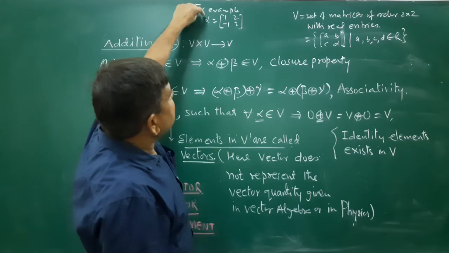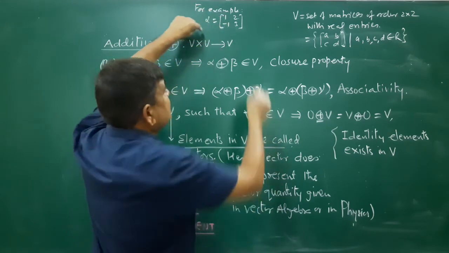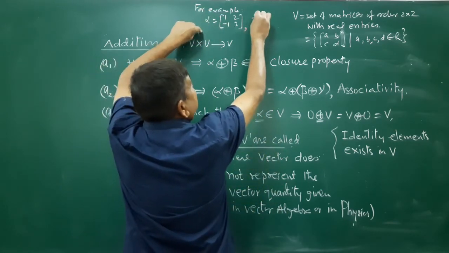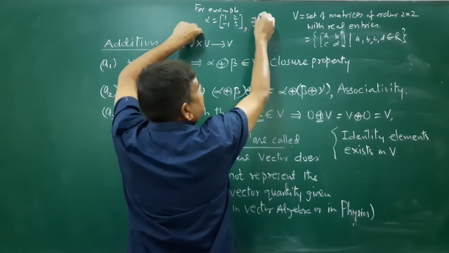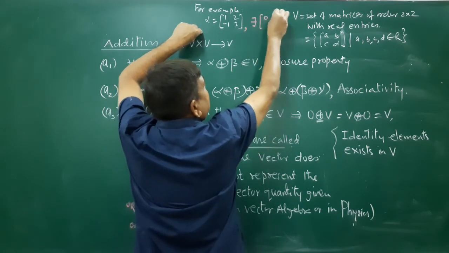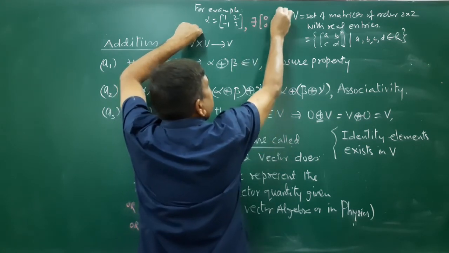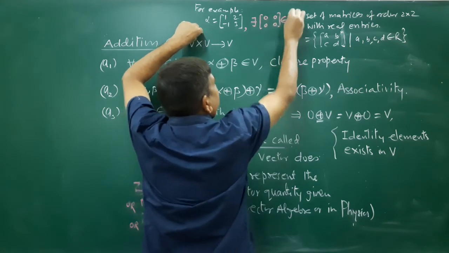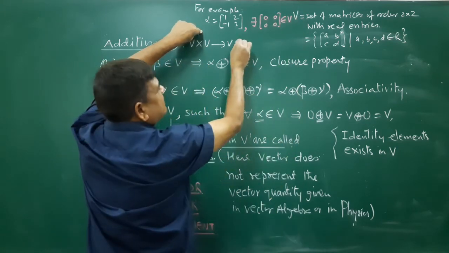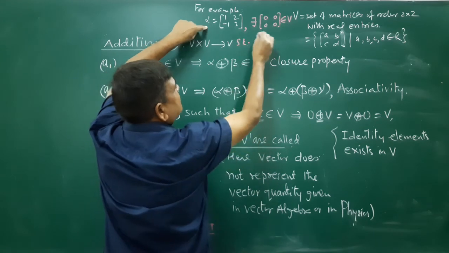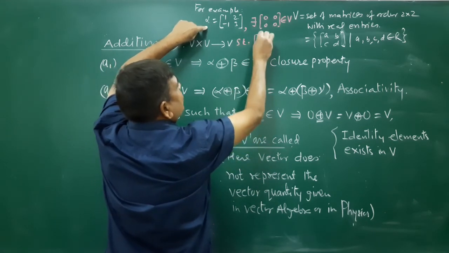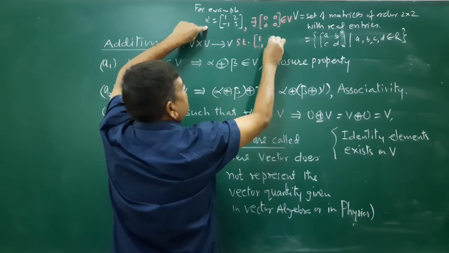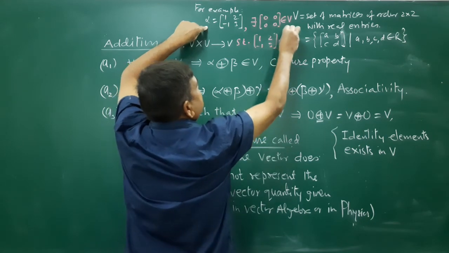So if alpha is this, then there exists a null matrix of order 2 by 2, which belongs to V, such that this is 1, 2, minus 1, 3 plus the null matrix.